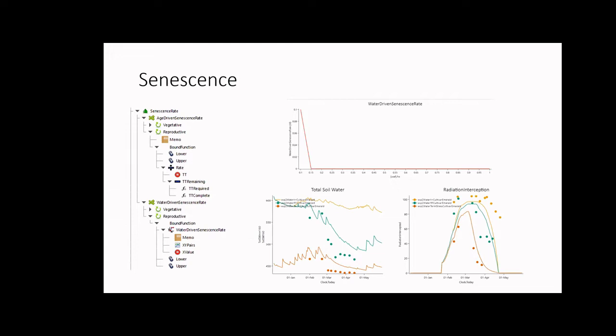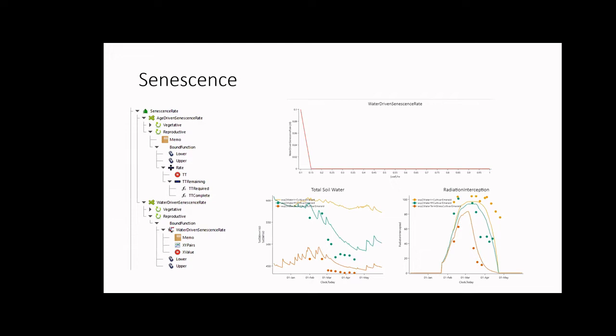And the way that we parameterized this senescence rate is we looked at some detailed data we had from Thomas's dissertation back in 1990, which had multiple different water regimes and looked at how mung bean responds to irrigation or stress.